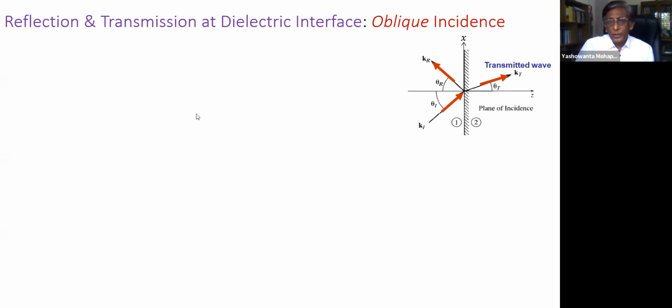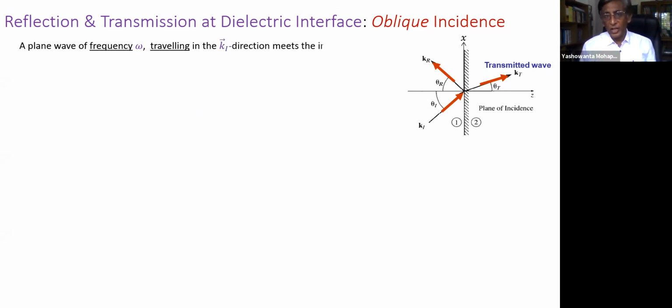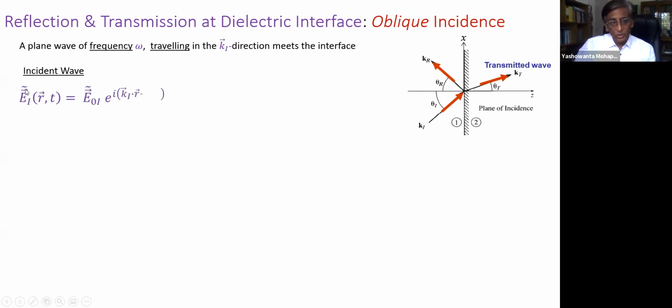Okay, so let's look at a plane wave, of course of frequency omega, traveling in the ki direction, meeting the interface. So the incident wave still has a complex amplitude and a vector. Now I cannot write down k1 dot z, so it could be any r.